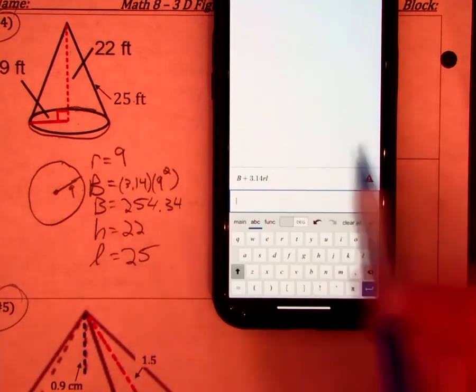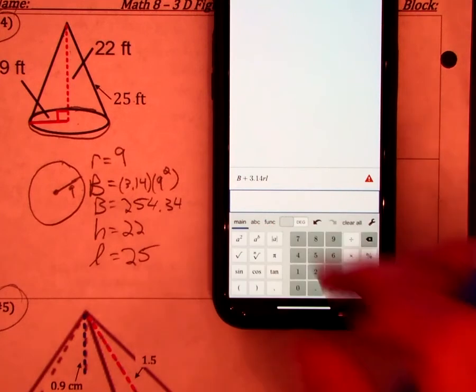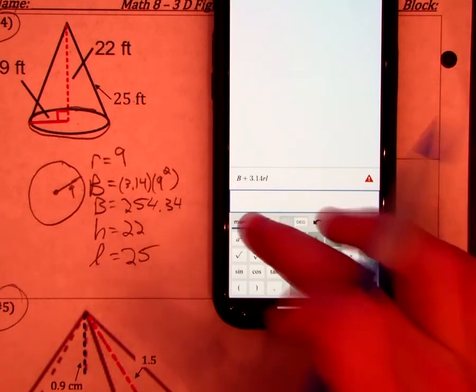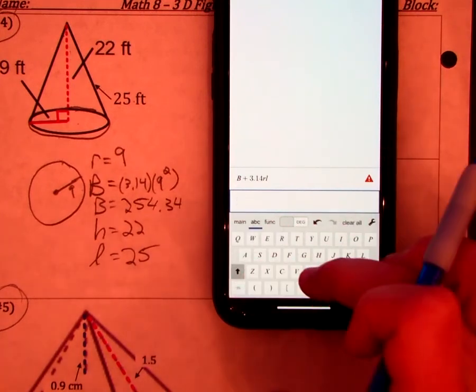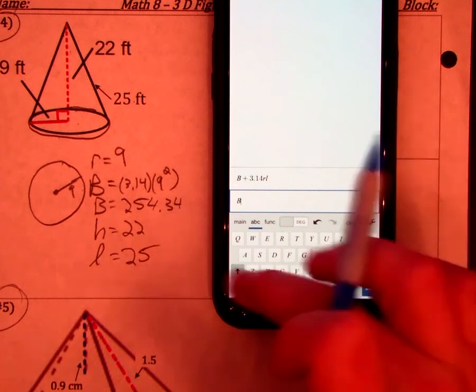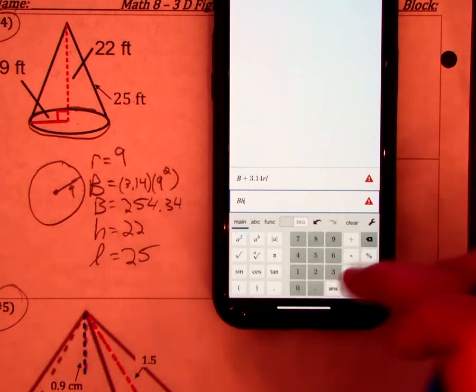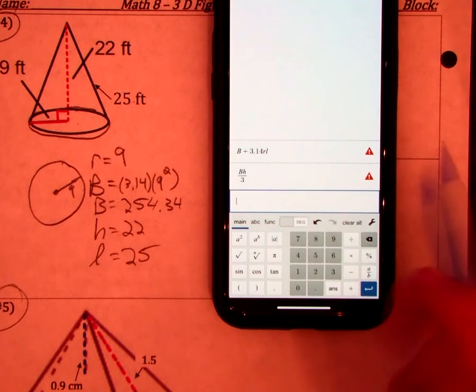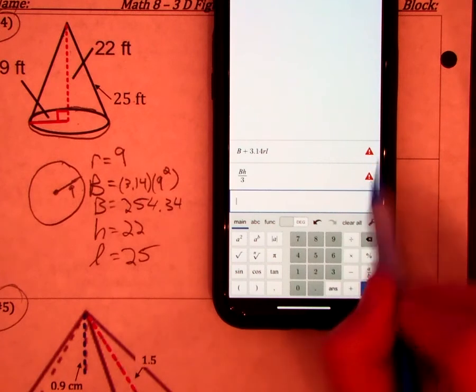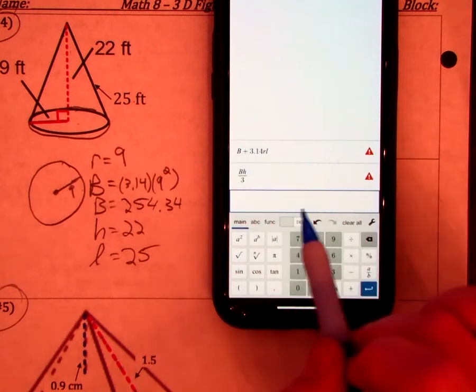So that's going to be our surface area. Then, for the volume of a cone, it is equal to the area of the base times the height divided by 3. Store that in there. Again, those triangles mean, hey, we need to figure out what these variables are.